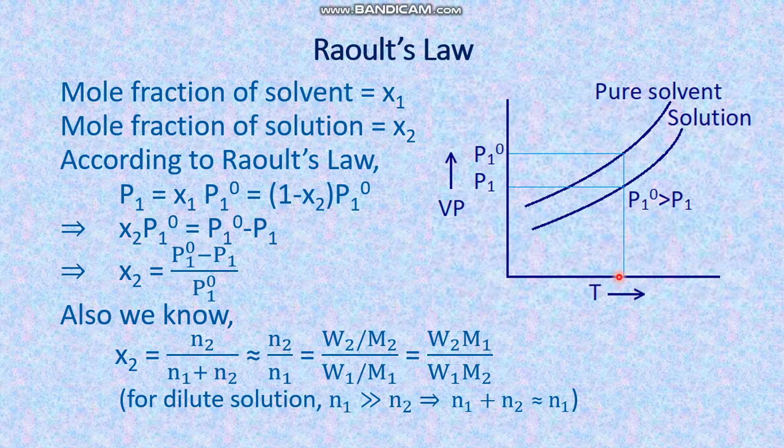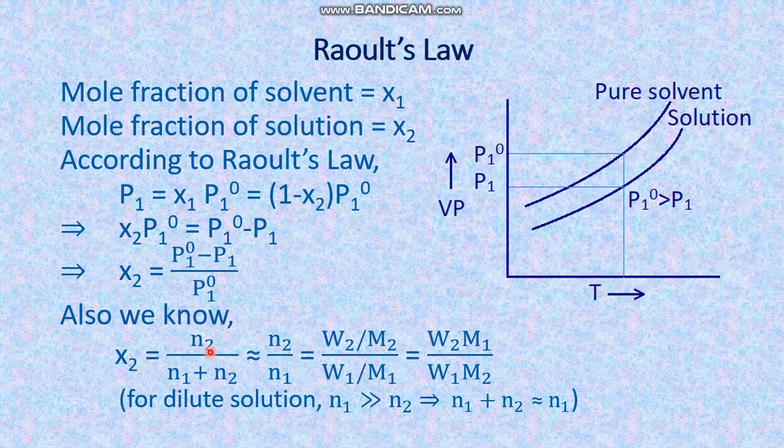Suppose at an arbitrarily taken temperature, the partial vapor pressure of the pure solvent is P10, and that of the solvent within the solution is P1. So it is found from the graph clearly that P10 is greater than P1.